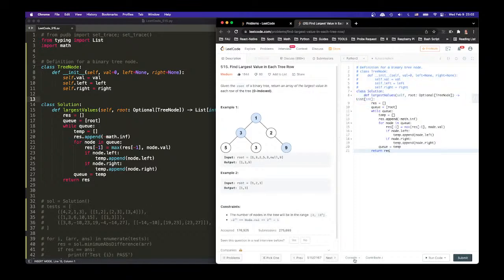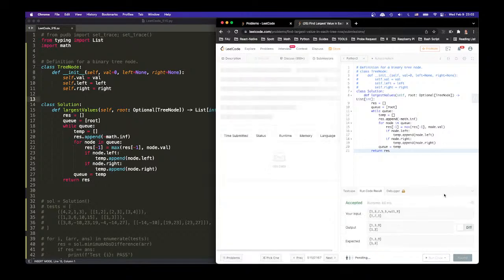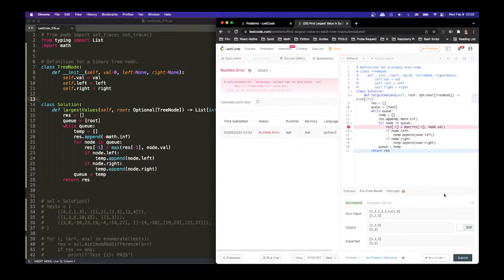Okay. I didn't test the empty case. Yeah, I forgot to test that. Shoot. By the time I clicked it, I realized I forgot to test that case.